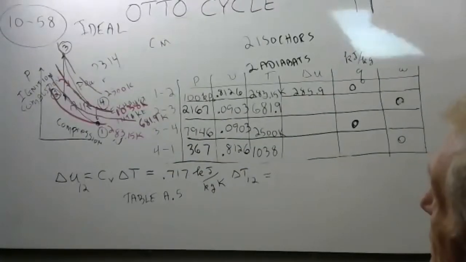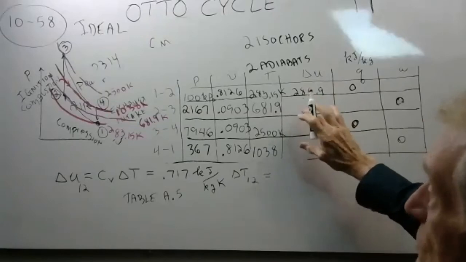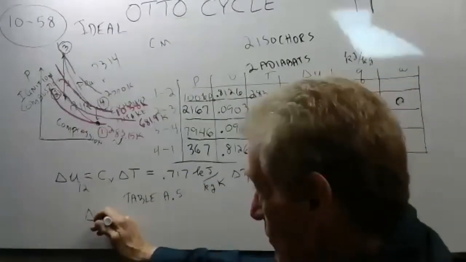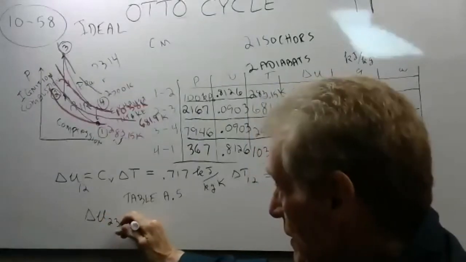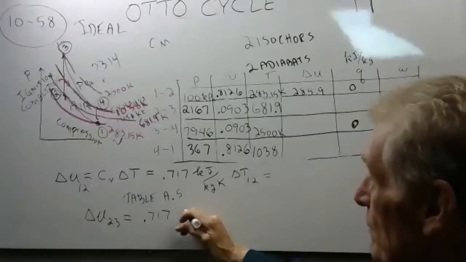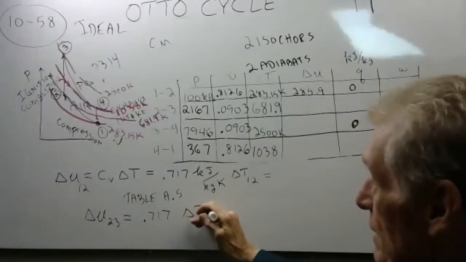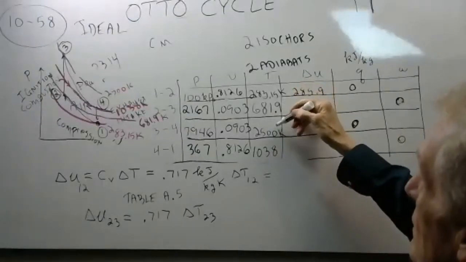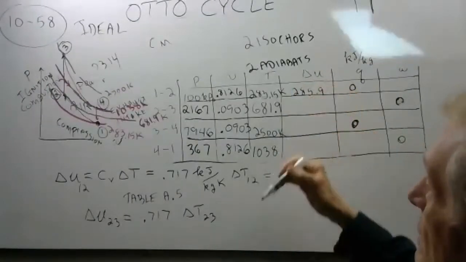I'm happy. Good. Okay, now we're going to fill these in. It's the same stuff, guys. It's just that we're going to go delta U from 2 to 3 is equal to 0.717 delta T from 2 to 3. See, there's 2, there's 3. Do that. We're going to get that one. Here we go.